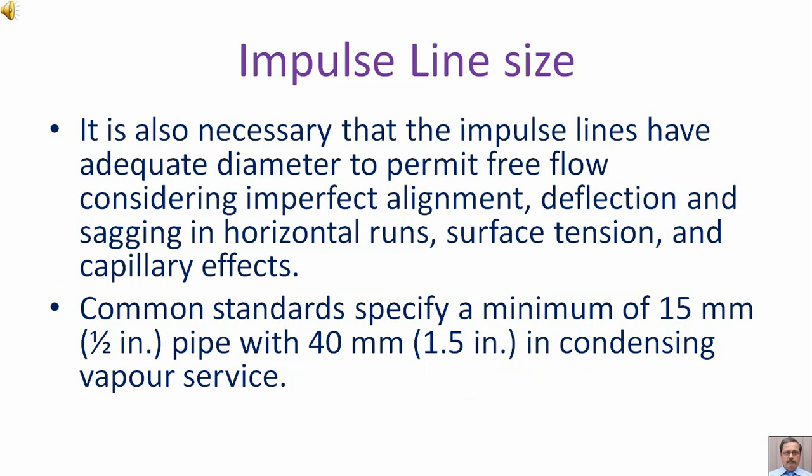Impulse line size. It is also necessary that the impulse lines have adequate diameter to permit free flow, considering imperfect alignment, deflection, and sagging in horizontal runs, surface tension, and the capillary effects.